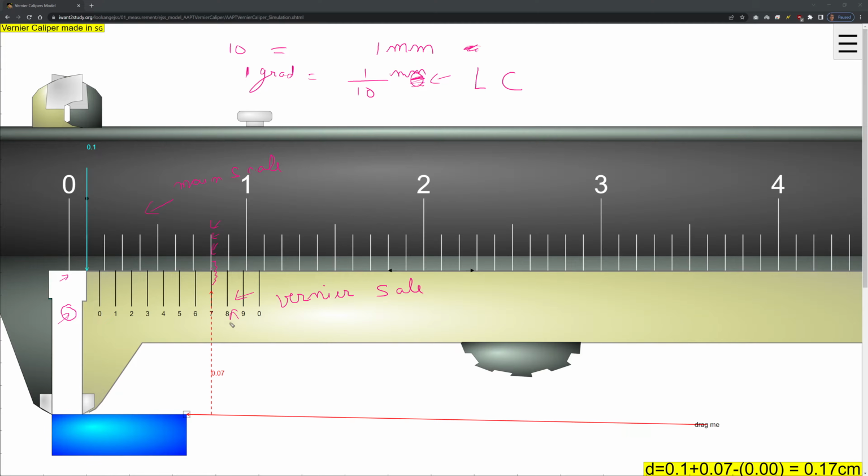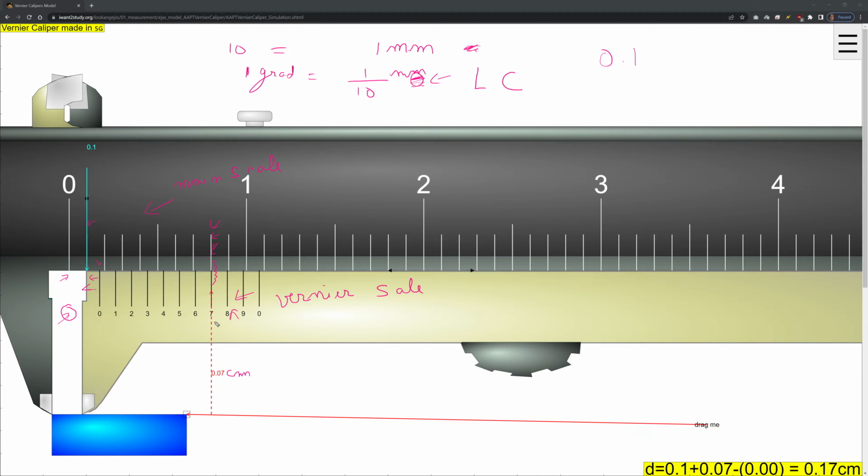All the readings in this animation are given in centimeters, so this is 0.07 centimeter. For the main scale reading, where is the 0 coinciding? It is not exactly coinciding, but we look at 0 and go before that. The first reading of the main scale before that is 0.1. Why do I go back from 0?